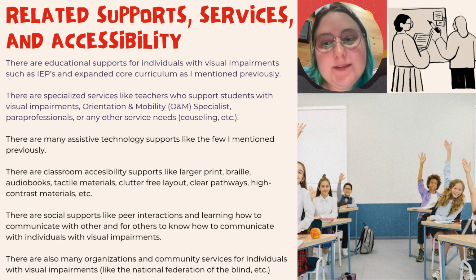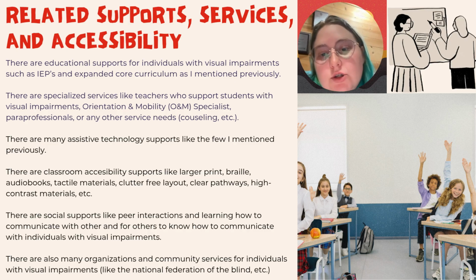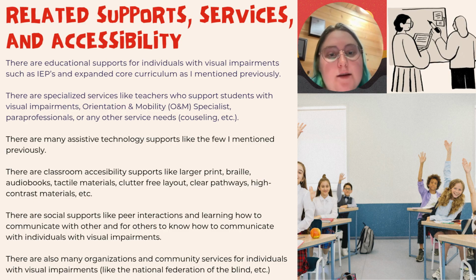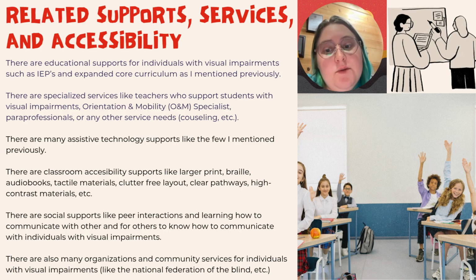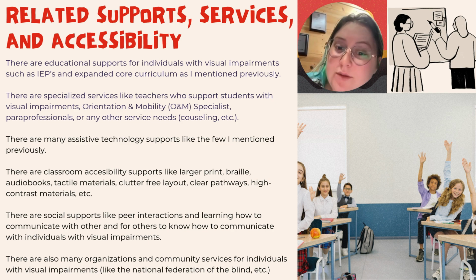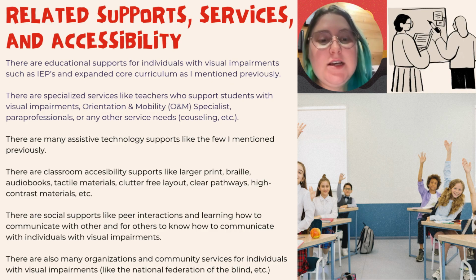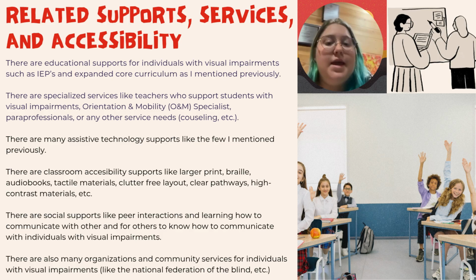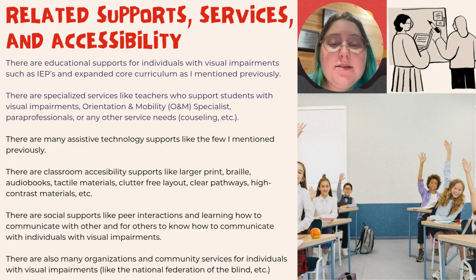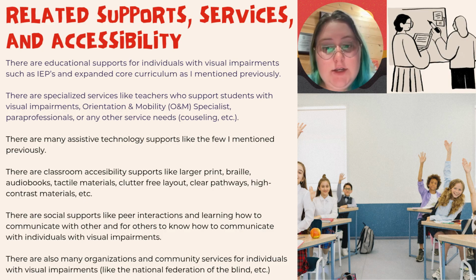There are social supports like peer interactions, as I mentioned before, learning how to communicate with others and for others to learn how to communicate with individuals with visual impairments, such as saying, "Hey, Stacy, it's Exandria. I'm talking to you. I just wanted to say hi. How are you?"